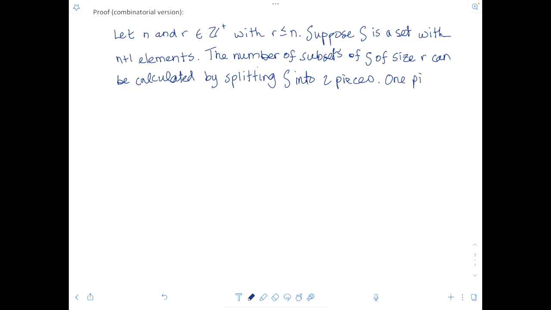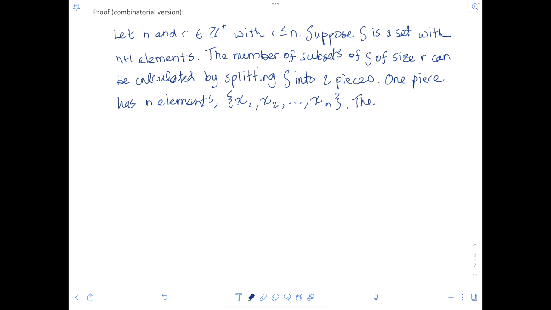One piece has n elements, and these elements were x1, x2, all the way to xn.